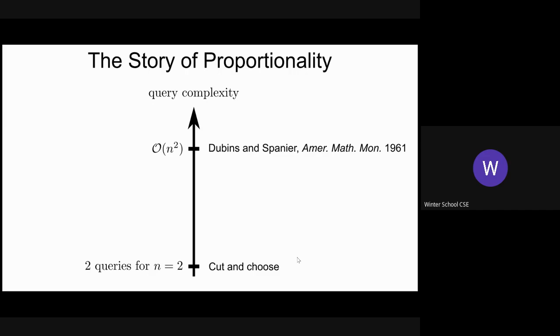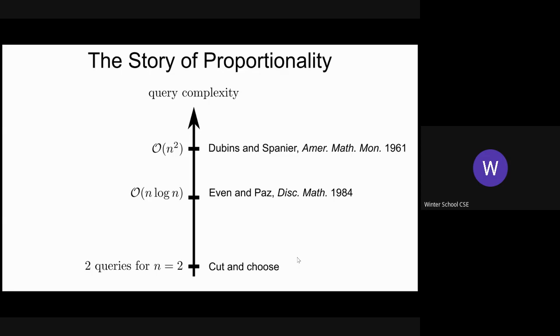Now you might ask, is n squared the best we can do, or is it possible to do better in terms of query complexity? Turns out you can do better. There are protocols that take only n log n many queries. This is again a very nice exercise. Try to come up with protocols that take n log n queries on your own.